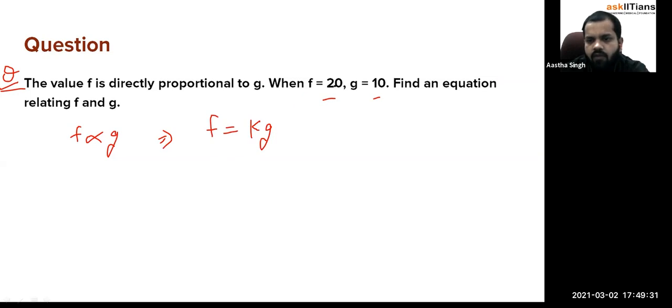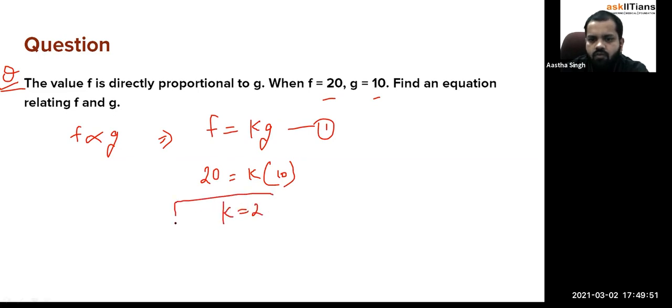You are given that when F is equal to 20, G is equal to 10. Just put the values F equal to 20 and G equal to 10. You will find that 20 is equal to K times 10. Just find the value of K. K is equal to 2.